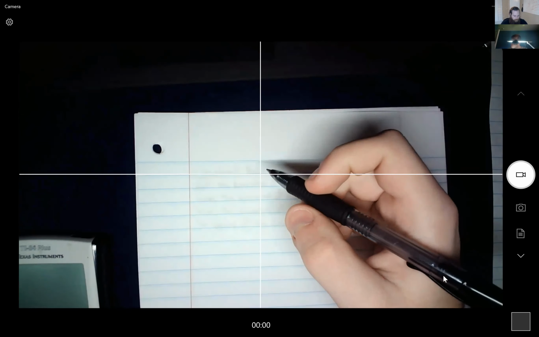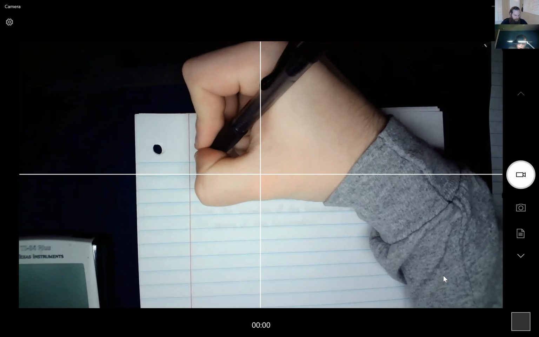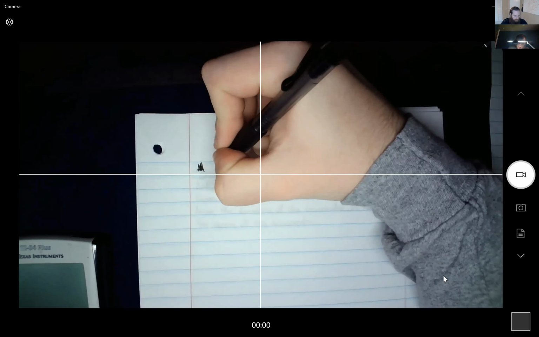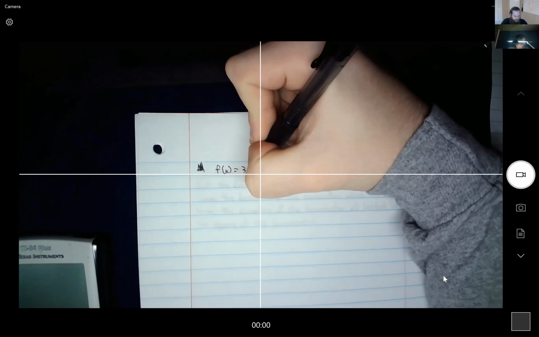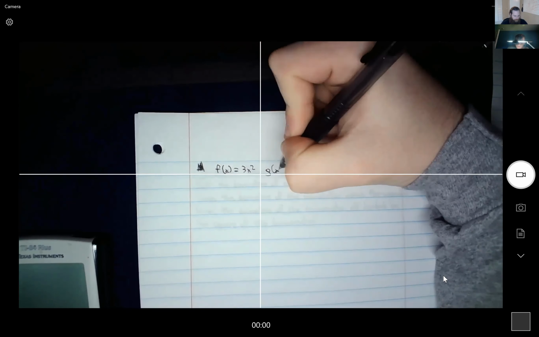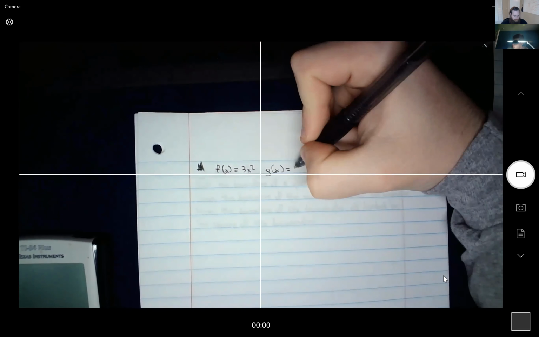I'll do examples in both Leibniz and prime notation. So in Leibniz's notation, let's say f of x equals 3x squared and g of x equals x plus 5.